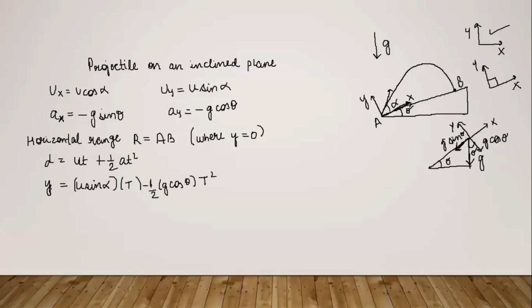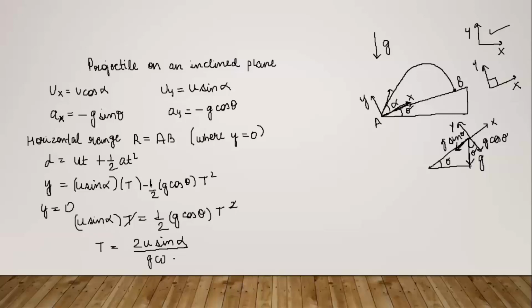And we know that this Y is 0 here. So we will keep Y equal to 0, and then we get u sine alpha into T equals half G cos theta into T square. This T and this T will cancel, so we are left with capital T as 2u sine alpha divided by G cos theta. So this is what we have derived as the time of flight.